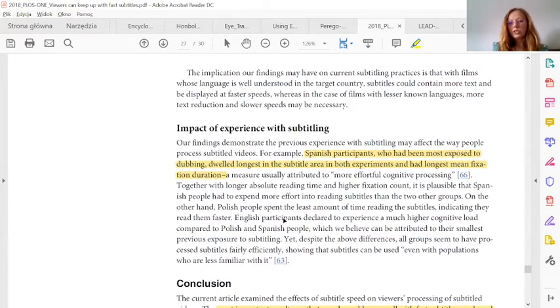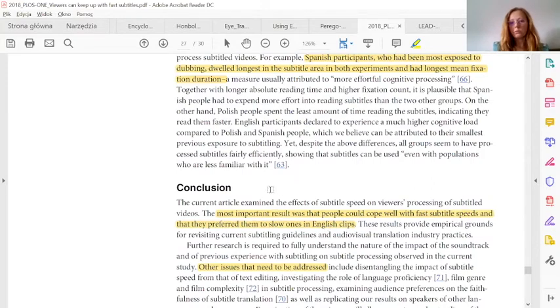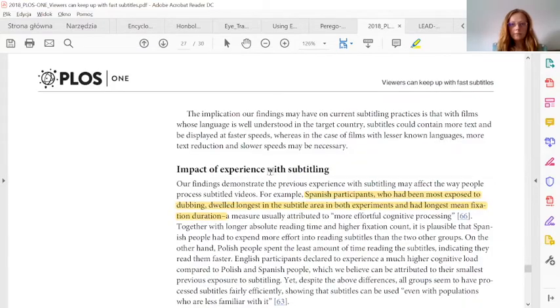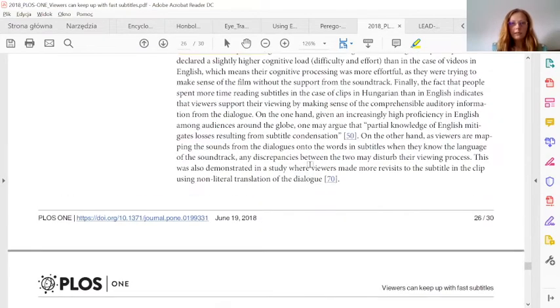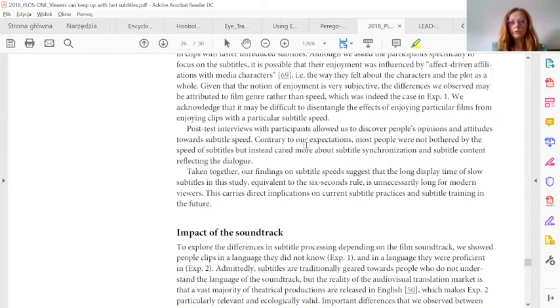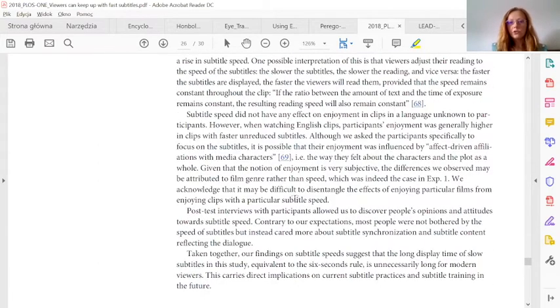And then conclusion, which actually only repeats what was already there, right? So basically, this is very important to actually look at. It's very important to look at the discussion, and here we have also some implications for the future and so on.